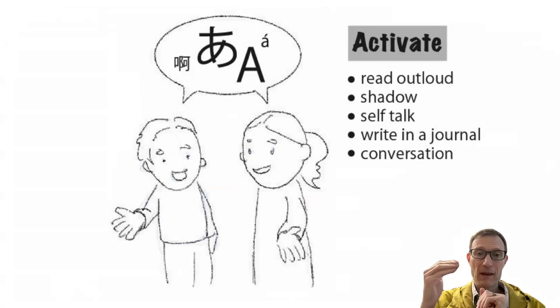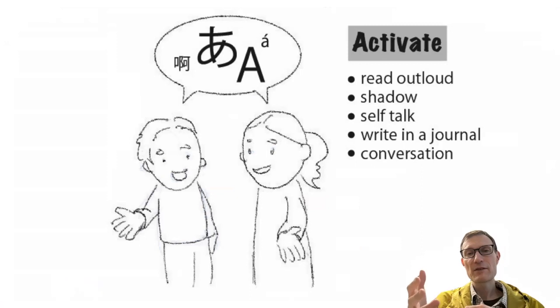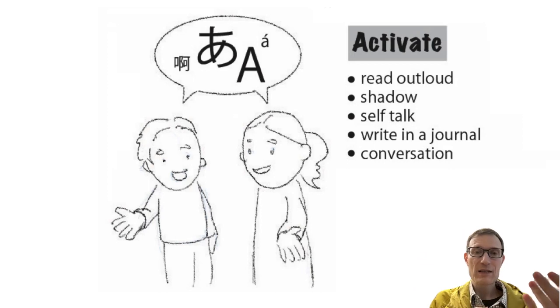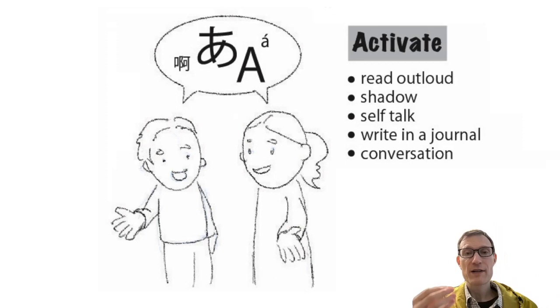Okay, so as you're cycling back and forth between input and finding out, and you begin to get to the point where you're understanding a lot of the language, and you're feeling like you know the language, you know how it works, you understand 60, 70, 80% of what you're listening to, of what you're reading, then you can begin to start trying to activate your ability to produce the language.